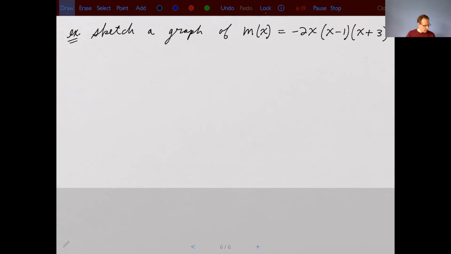Okay, so the first thing that we probably want to figure out are the intercepts.